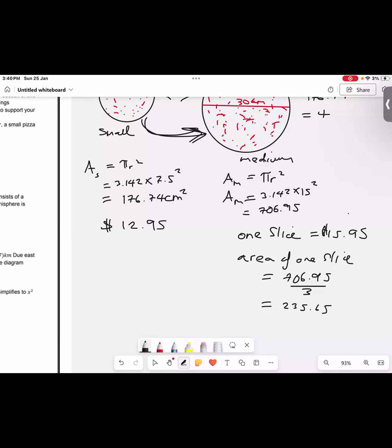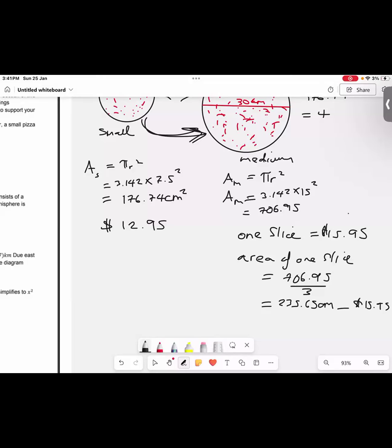So basically what this is saying is that you're paying $15.95 for 235 square centimeters of pizza. Let me just write this better. How much did you say, Miss Lisa? 235.65? Yes, sir. Right. So basically this calculation is saying that you're paying $15.95 for 235.65 square centimeters of pizza.